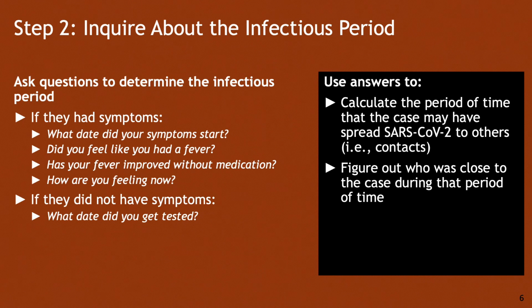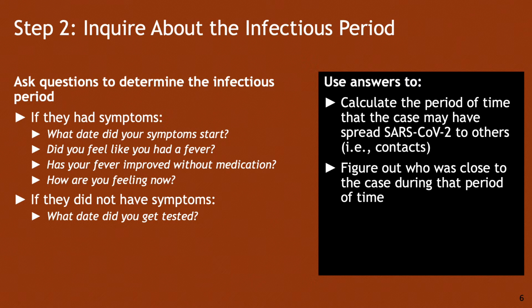When you're asking them about their infectious period in step 2, you need to find out when the symptoms started. Ask them if they felt like they had a fever. Asking them if the fever has improved without medication. Perhaps they're feeling better now.